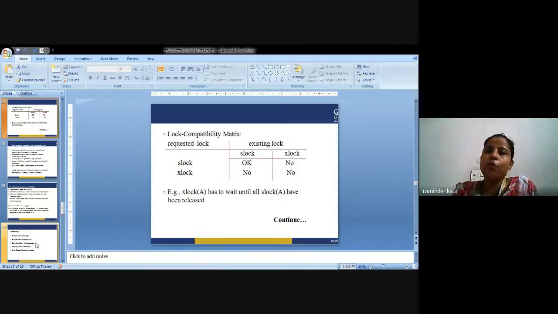To remove locking problems, the first technique is 2PL, that is two phase locking protocol, that is lock and unlock. 2PL has two phases, shrinking and growing, that is downgrading and expanding. Downgrading means shrinking, and upgrading means growing or expanding.